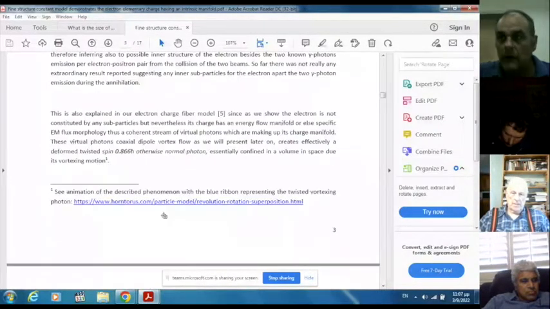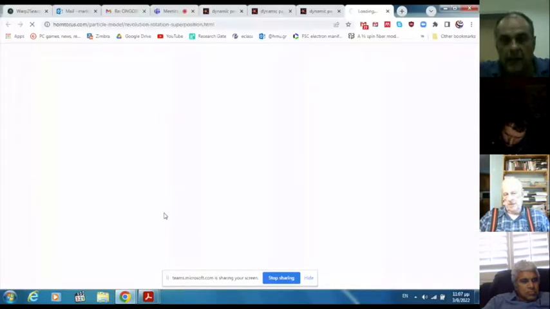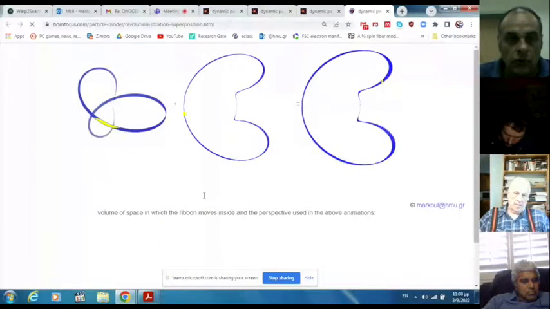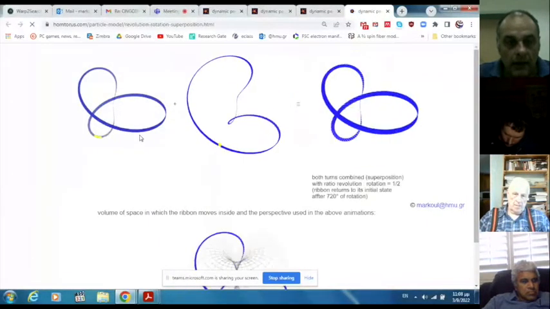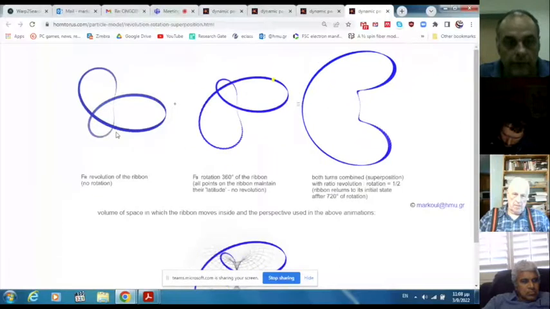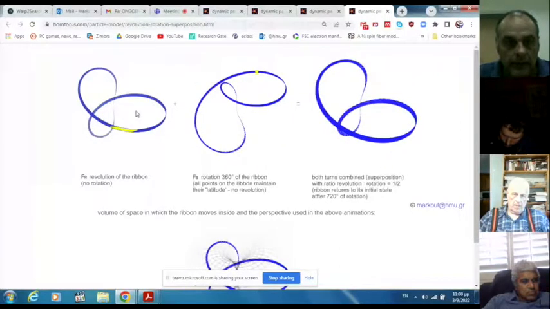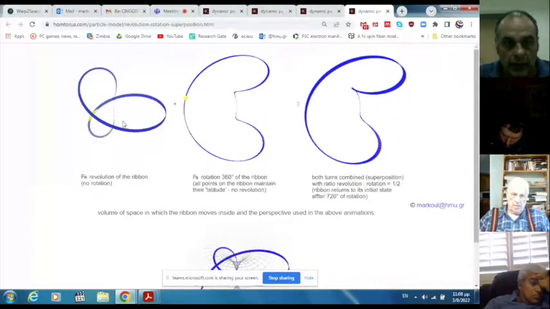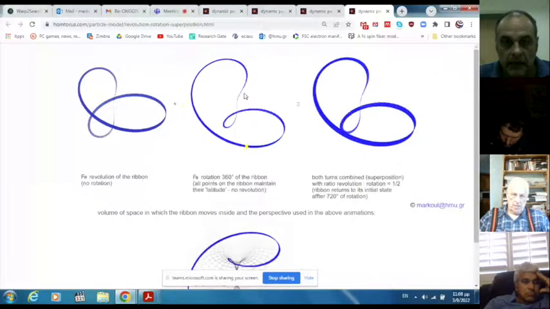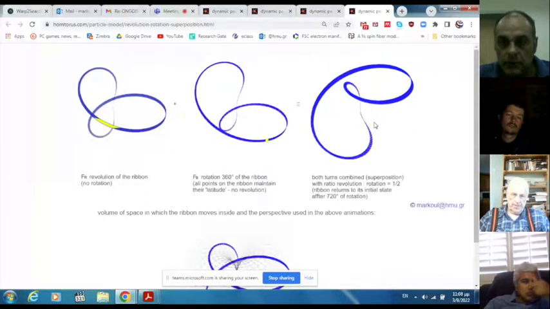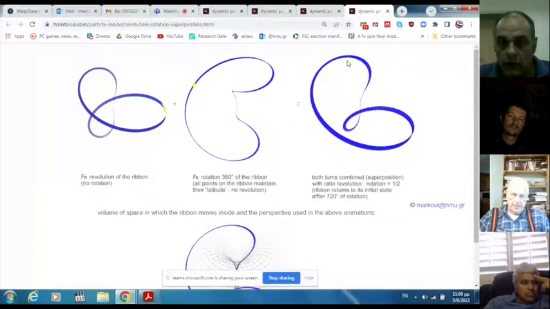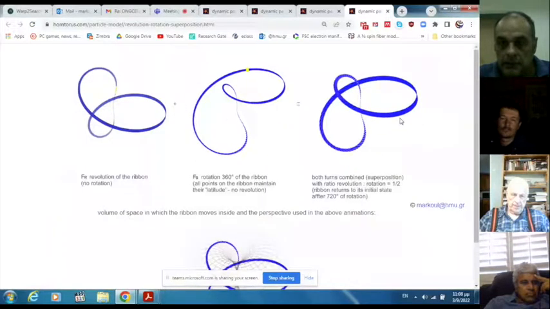Let's visualize what I mean by one photon creating the whole charge of the electron, one twisted spinning photon. Here you have the twisted photon ripple. This is the revolution it makes. This is the horizontal spin, and this is the superposition of both. So it revolves and spins also.